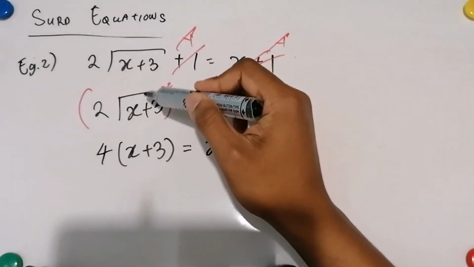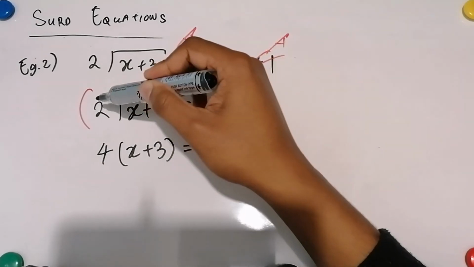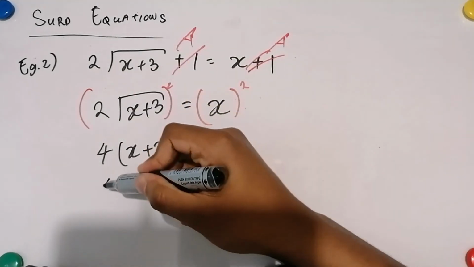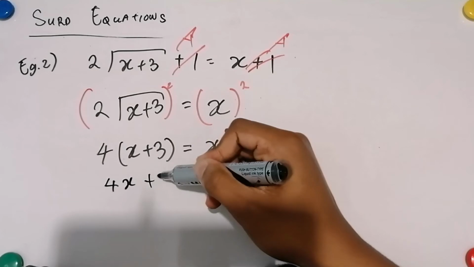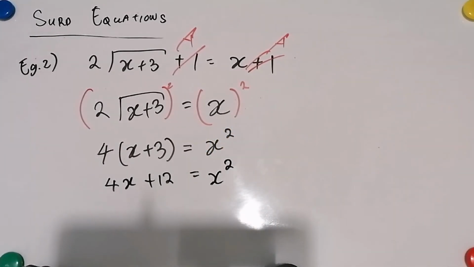So not only do we square the surd, which removes the surd, but we also square the number outside the surd, which is a 2, and that becomes 4. Now we multiply the 4 inside. That's 4x plus 12, and it's equal to x squared.